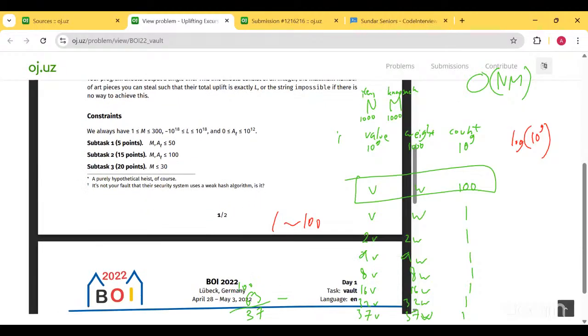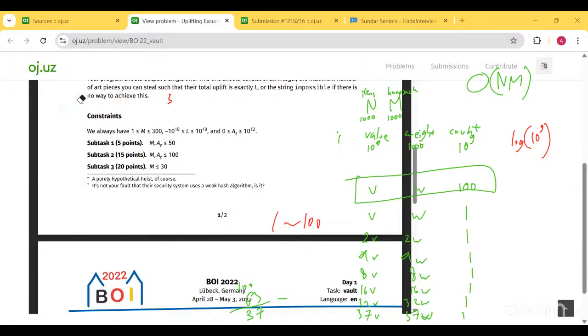Of course, we cannot make the state m cubed, right? If the state is m cubed, it is 2e7. Then we cannot do another transition.